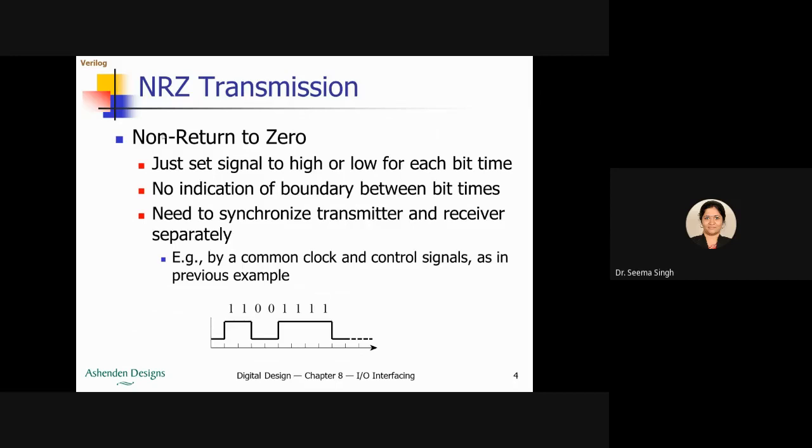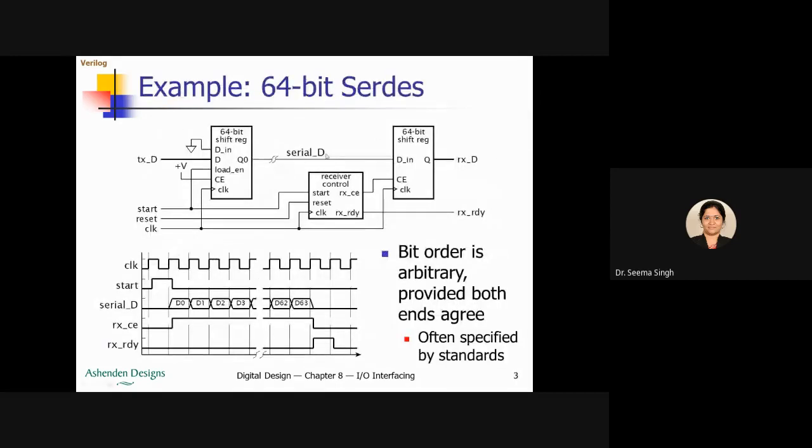Okay, now when we are transmitting this serial data, there are a variety of ways of transmission of this serial data also. Now you will see various types of transmission of data, and these are discussed next.